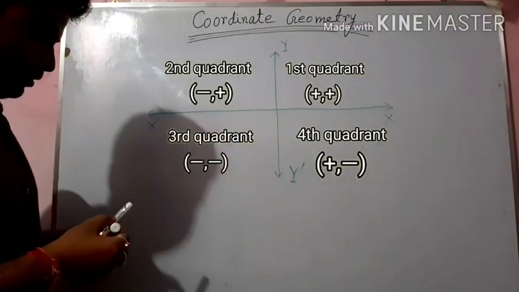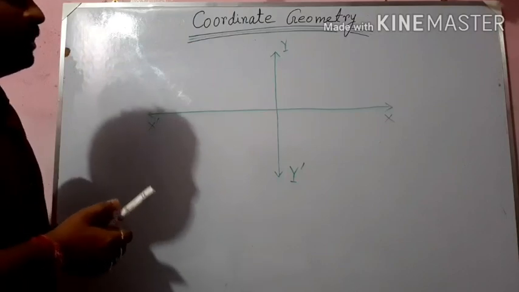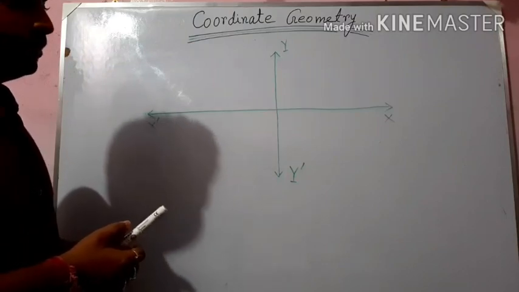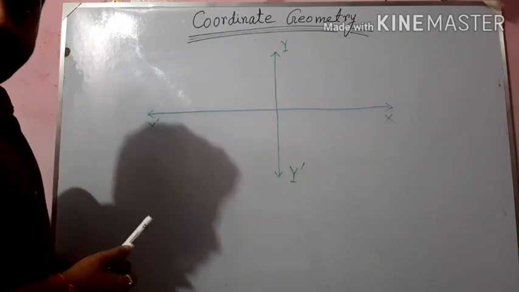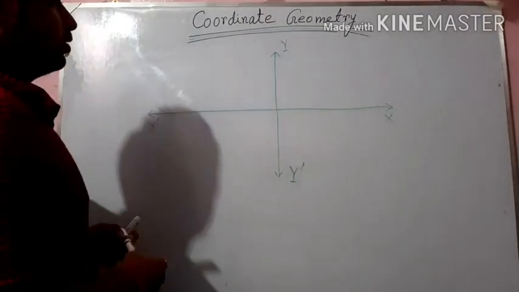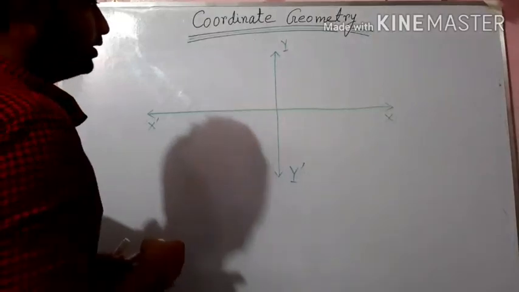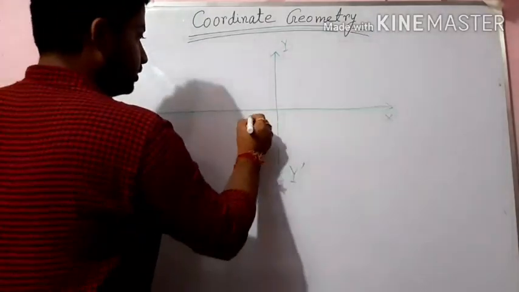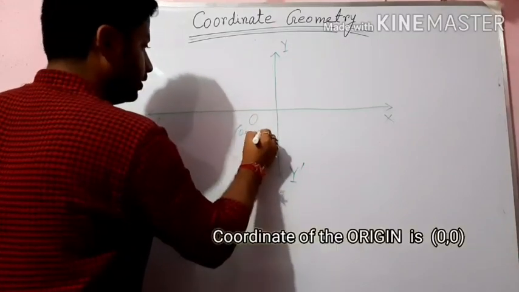René Descartes is the father of coordinate geometry. He has invented the coordinate geometry. Okay? Now, in coordinate geometry, at first you have learned there will be two axes, that is x-axis and y-axis, and intersection point of those is O, that is origin, right?